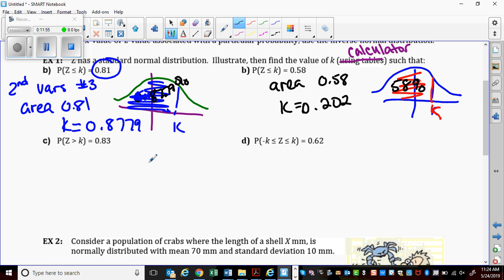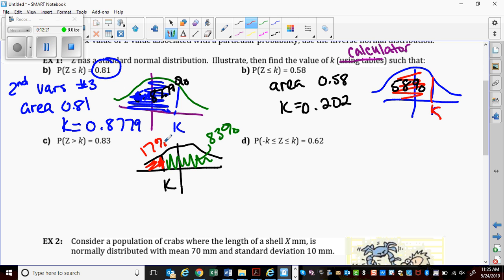So if Z is greater than k, and k is right here, and the area underneath this curve is something like 83%, then what we need to plug into the calculator is where it's not. We want this part right here, which is 17%. Just subtract that from 100, or subtract this number from 1. So what we need to put in our calculator is the probability of Z is less than or equal to k.